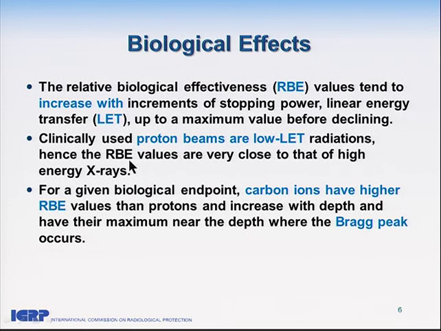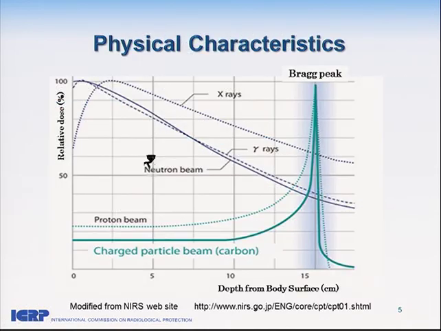For a given biological endpoint, such as a cell killing effect, carbon ions have higher RBE values than protons and increase with the depth and have their maximum near the depth where the Bragg peak occurs. So in addition to the physical characteristic that the carbon ion beam has a higher dose in the deep structure, RBE is also a maximum near the Bragg peak.